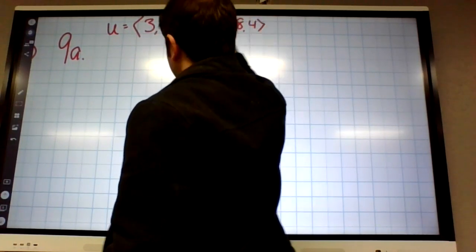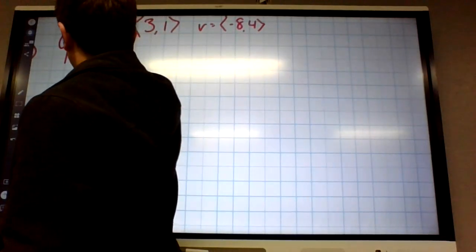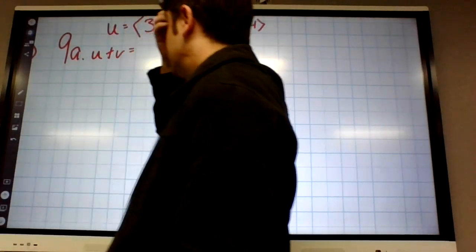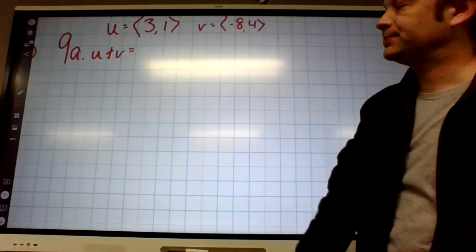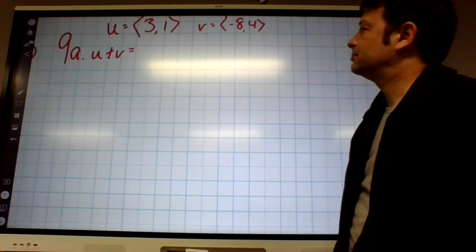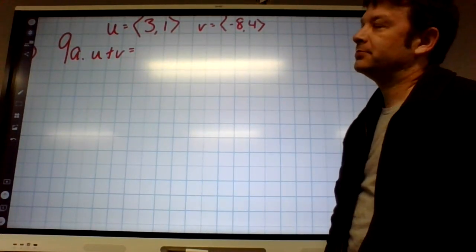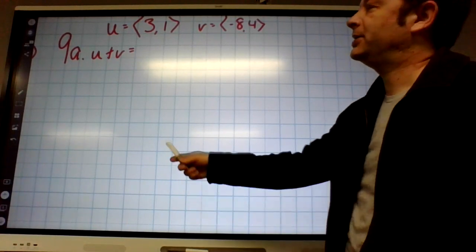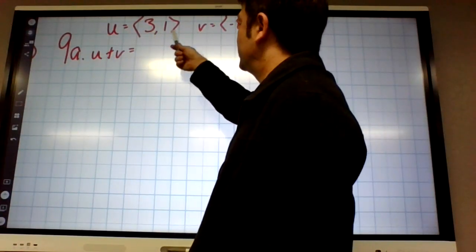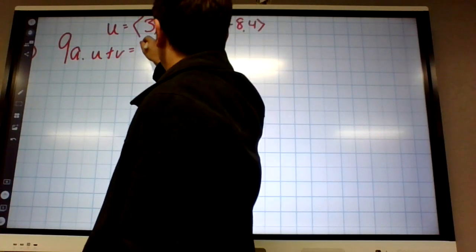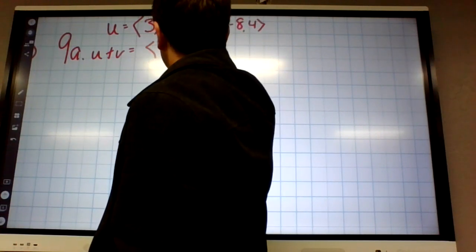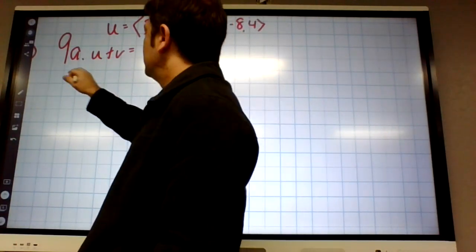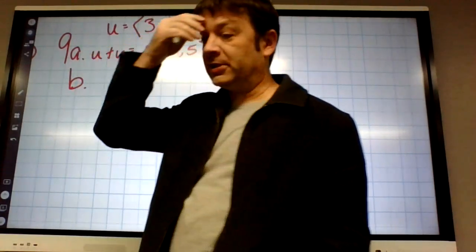Okay, this is from yesterday. If we add these two vectors together, what would the new vector be? Yeah, you just add the x coordinates, add the y coordinates, that's the new vector. 5 and 5. Yeah, very straightforward.